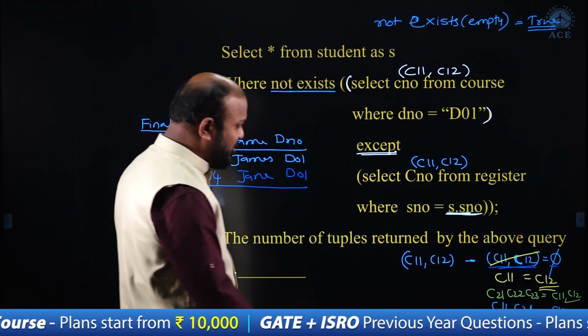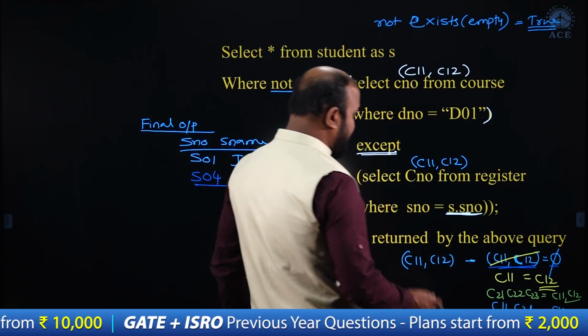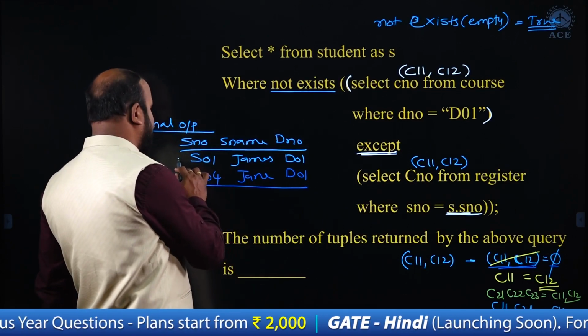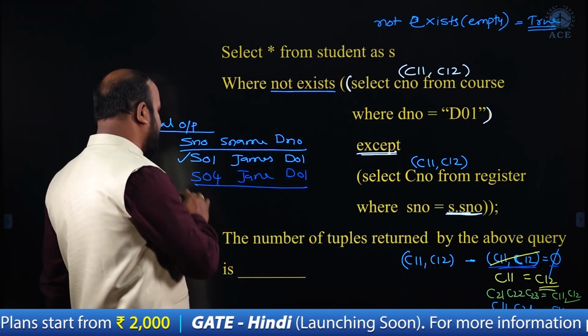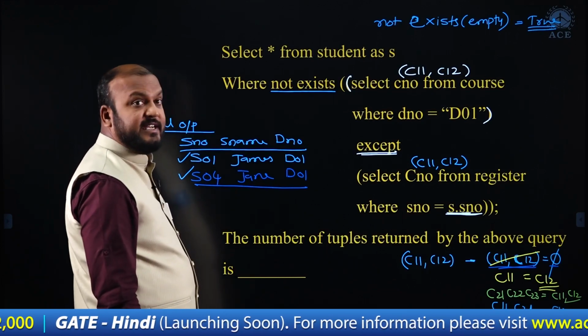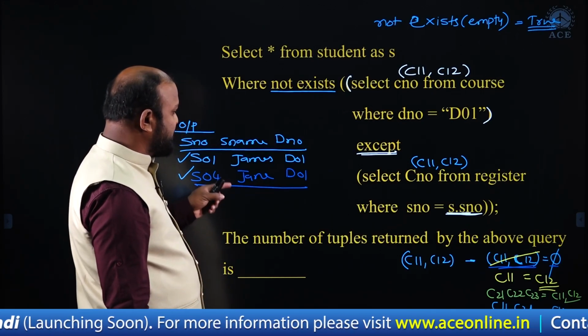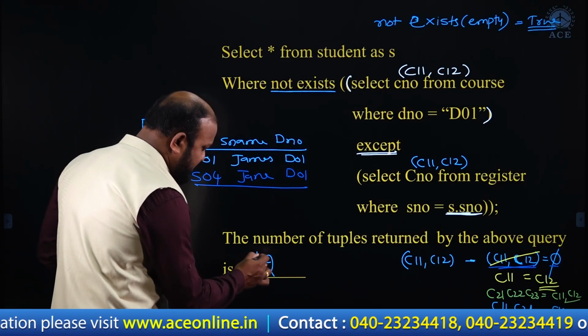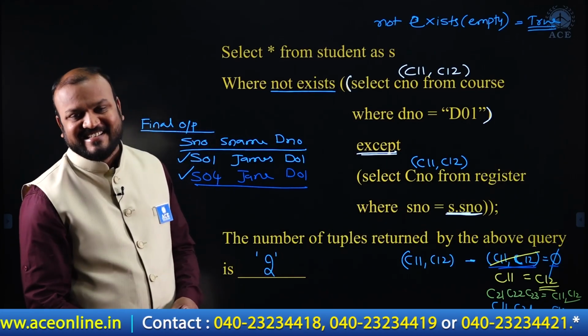And based on the second query output, we have decided which students are going to be in the output. The final output contains S01 James D01 and S04 Jane D01. So the number of rows returned by this query is equal to 2. 2 is the correct answer.